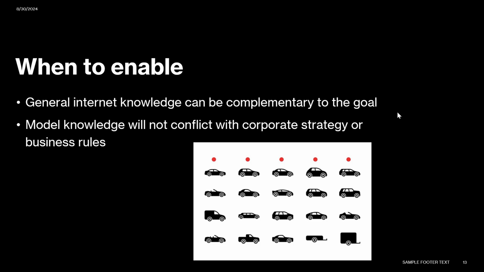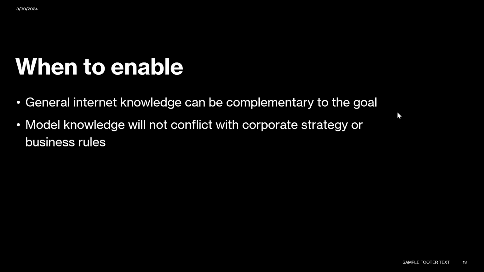So somebody could ask, tell me about your 2-door vehicles for model type A, or do you have a set of 4-door vehicles which are electric of make X? And it could leverage the database to know which models we sell, but its own knowledge to say whether or not they're 2 or 4 door because they're well-known models on the internet. So in that case, you had a complementary situation that did not conflict with corporate strategy or business rules.